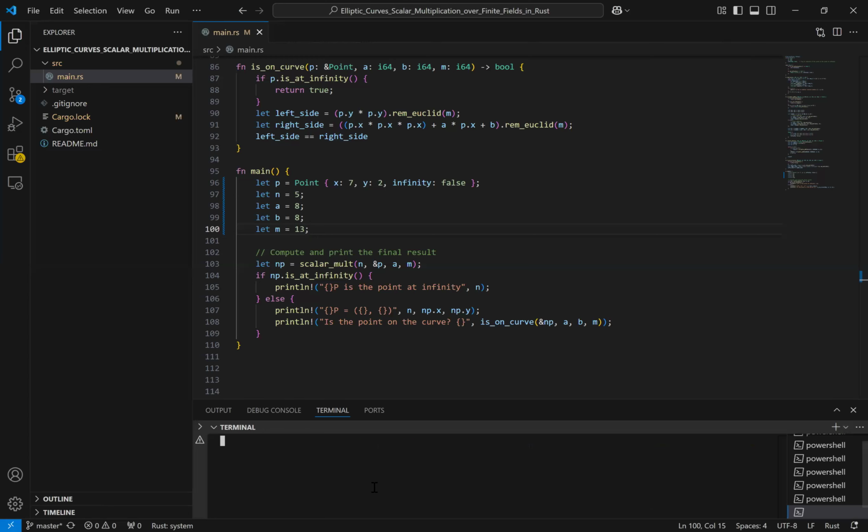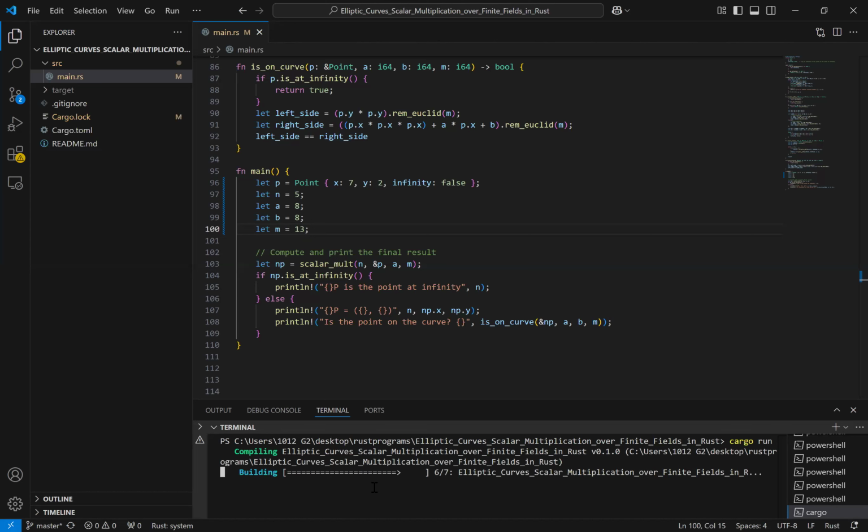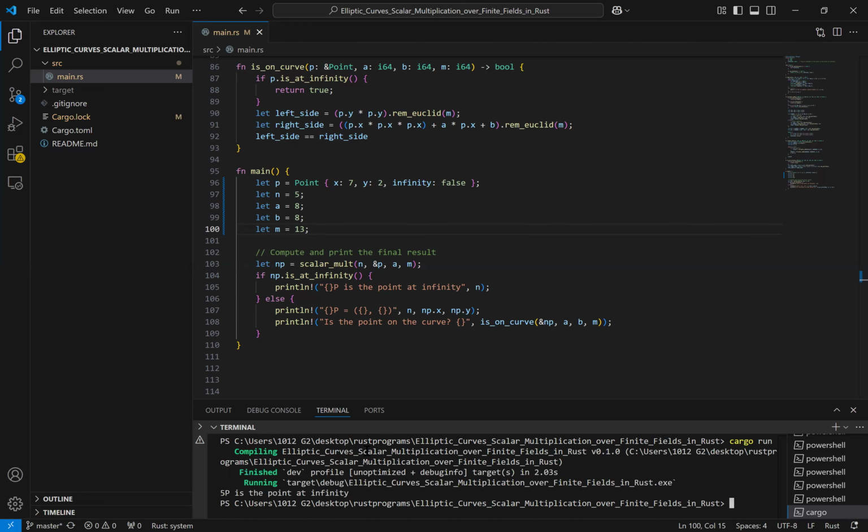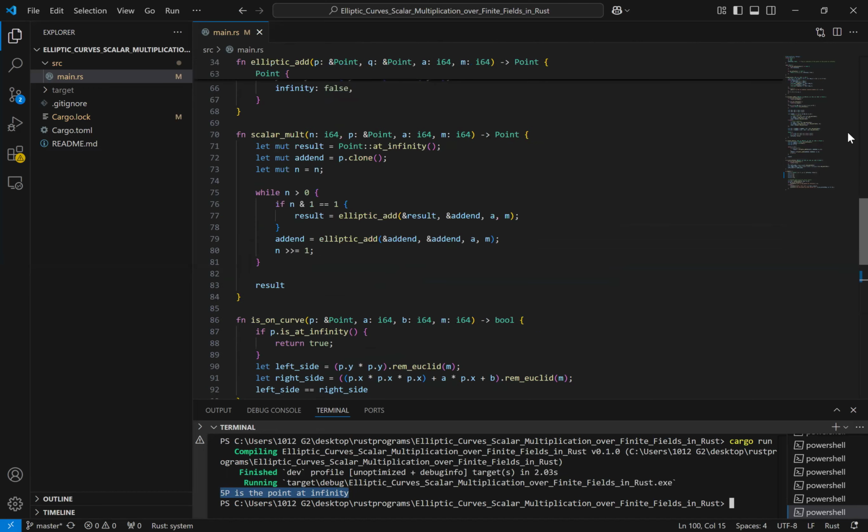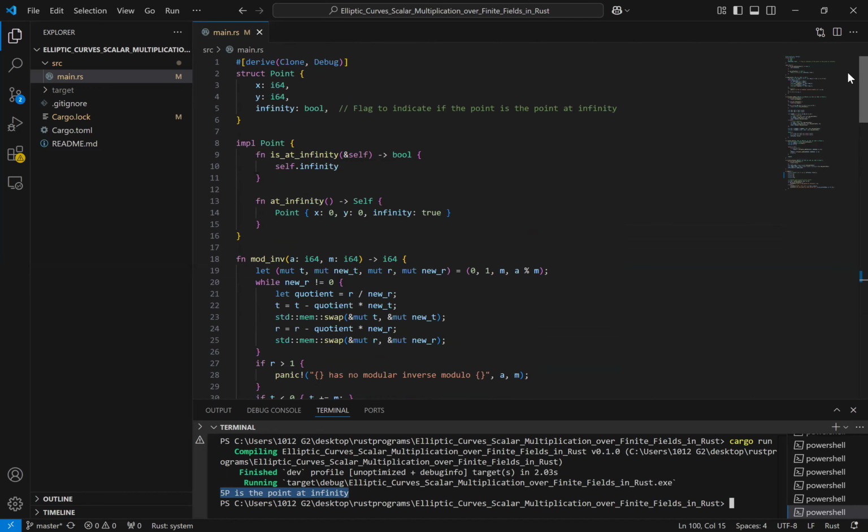What will be the result? Will it be the point at infinity? I'm using this to verify. And yes, 5P is the point at infinity. So this code is just for scalar multiplication.